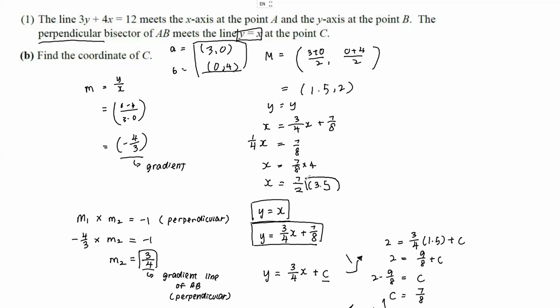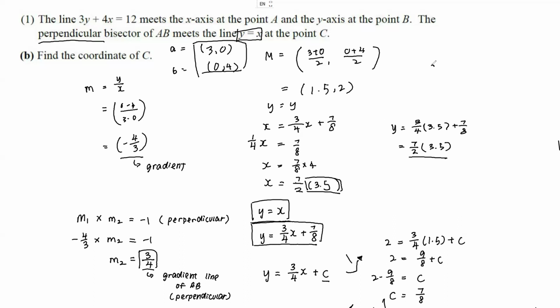So this is x. And to find y, you can plug in x, which you'll actually get the same, which is 7 over 2, which is 3.5.